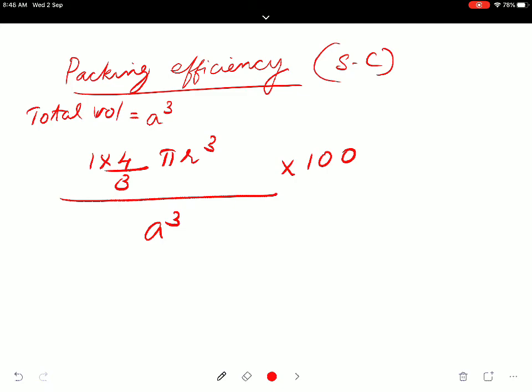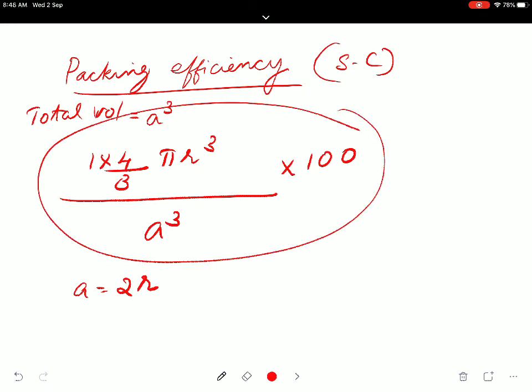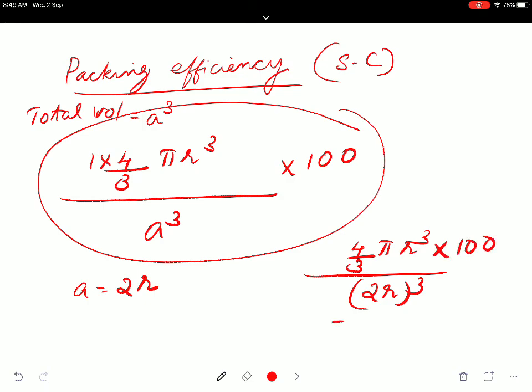The relation we have already made: here a is equal to 2r. So 4 by 3 pi r cube divided by a cube, that is 2r cube, into 100, which is equal to 52.4%. r cube will get cancelled and you can do the calculation, and finally you will get 52.4. You have to learn this value, 52.4, by heart.